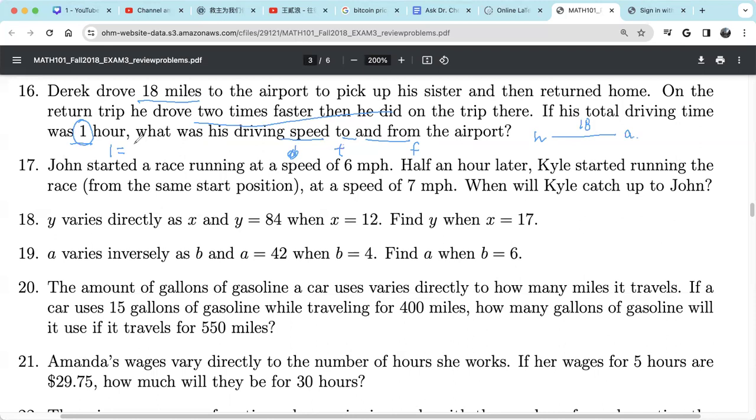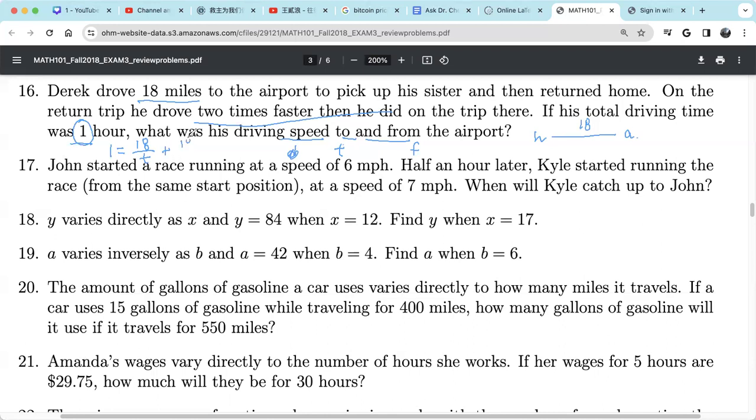So what is the time to the airport? That's 18 divided by his speed from home to the airport. That's the time he spent going to the airport.